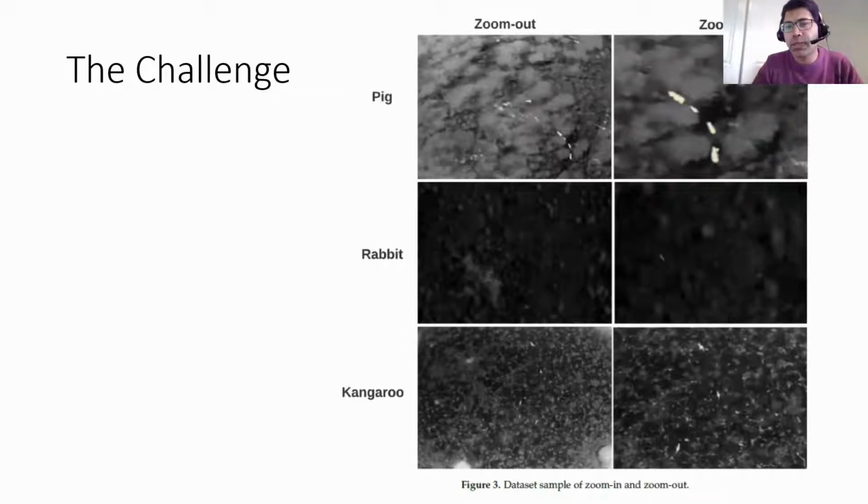The same applies to feral pigs and kangaroos, the three main invasive species which we targeted. Identification from the video was challenging because of their size and signatures. Sometimes it's very difficult to identify the animal because many animals look very similar, like sheep and pigs.